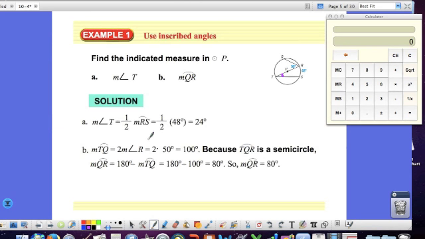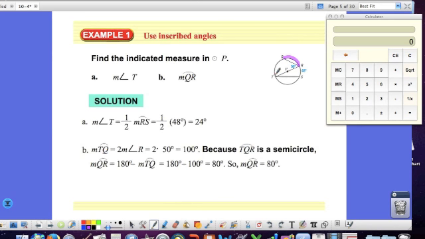Okay? And for B, the measure of arc QR. Let me highlight it so you can see what we're finding. We're finding QR, but obviously we don't have an inscribed angle to deal with, because this line here is a chord, not an angle.